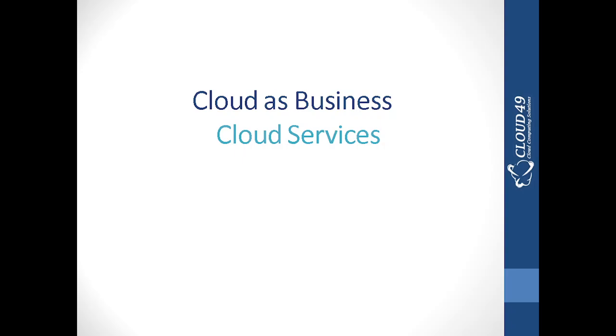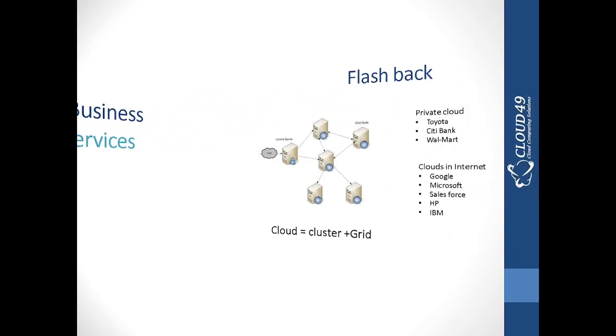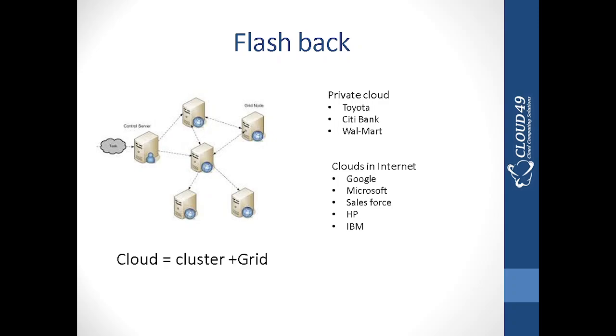Cloud as a business: what cloud services are available? Firstly we need to understand the flashback. Here we have two types of clouds, private cloud and cloud in internet. In private cloud, Toyota has its own private cloud and is not providing services to anyone.